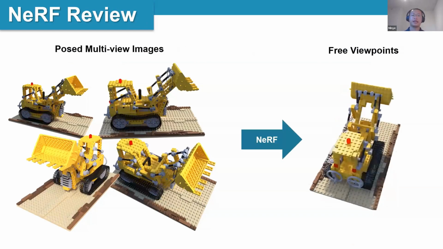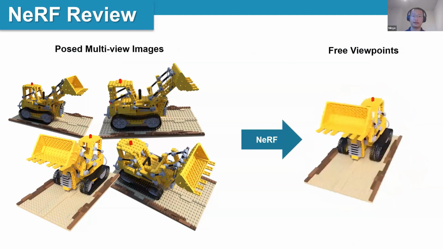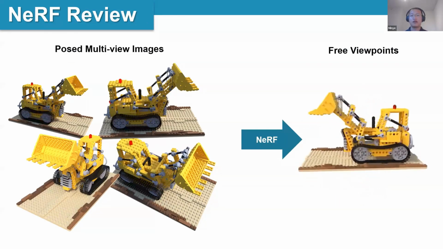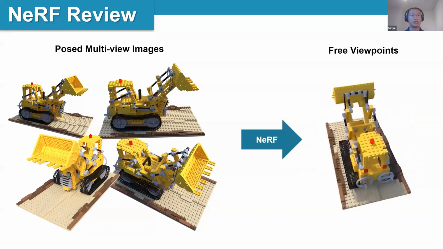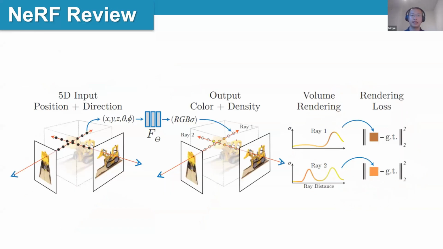Before we dive into ReRF, let's briefly review the original NeRF. Given calibrated multi-view images as input, NeRF can construct the geometry and appearance of a scene or an object. To render pixels in the target images, NeRF casts camera rays through the optical center and the pixel into the space.